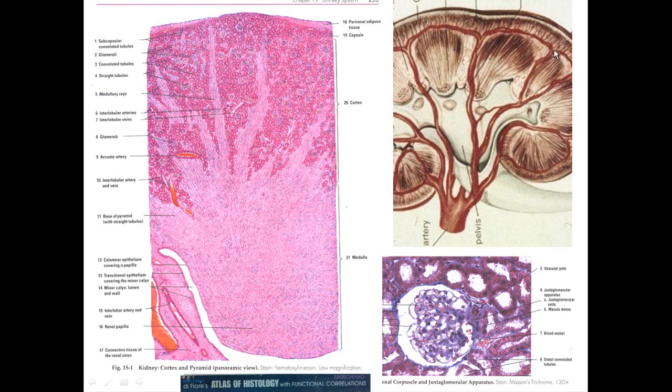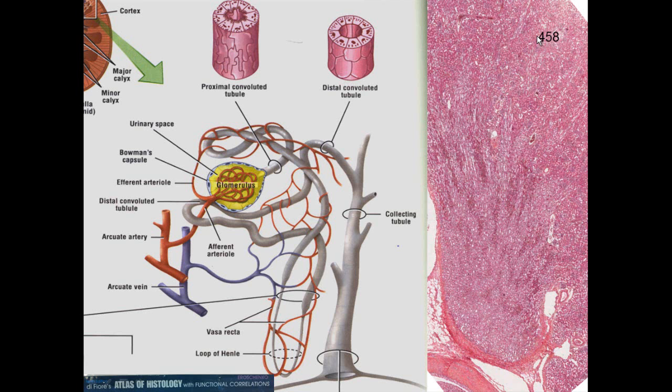Here we see the arcuate arteries. These are the name of it. Looks like it makes an arc, and the blood vessels that run through the glomerulus would be coming off of these arcuate arteries. So they go right between the medulla and the cortex area. We can see these arcuate arteries.